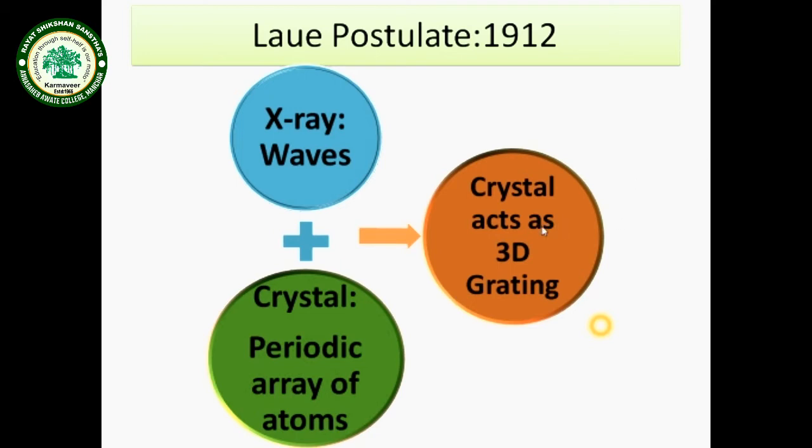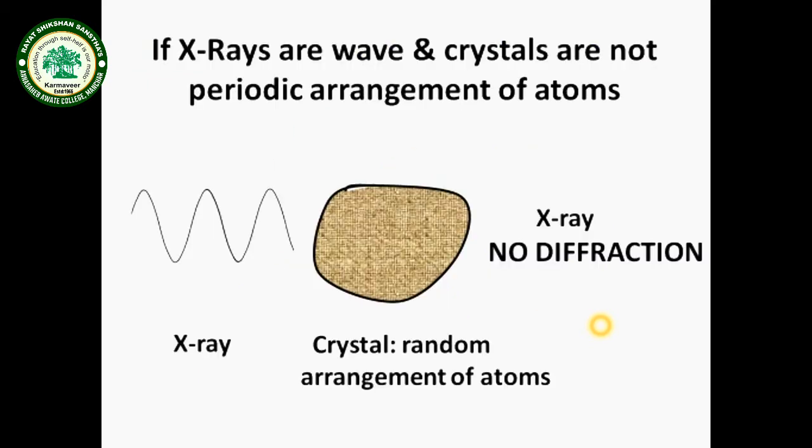If there is diffraction, then it is confirmed that X-rays are waves and crystals are periodic arrangements of atoms. On the contrary, if there is no diffraction, then either X-rays are not waves or crystals are not periodic arrangements of atoms. So here we have mentioned these two possibilities.